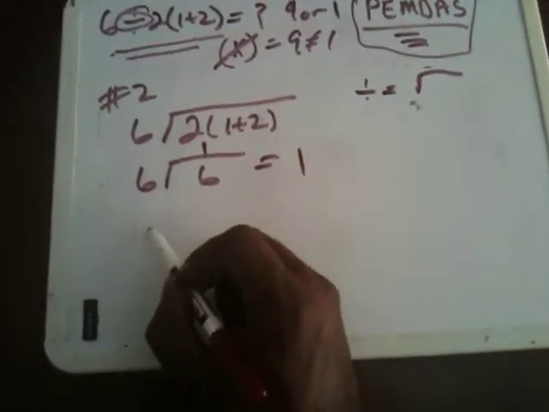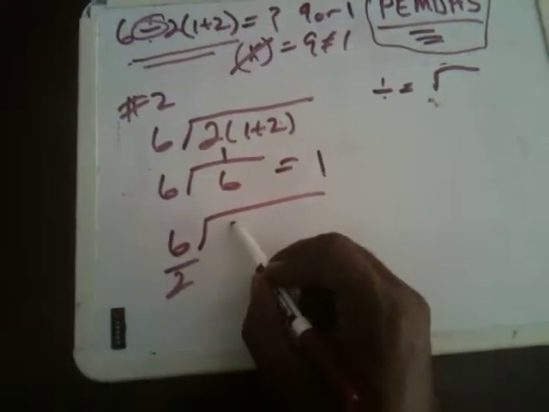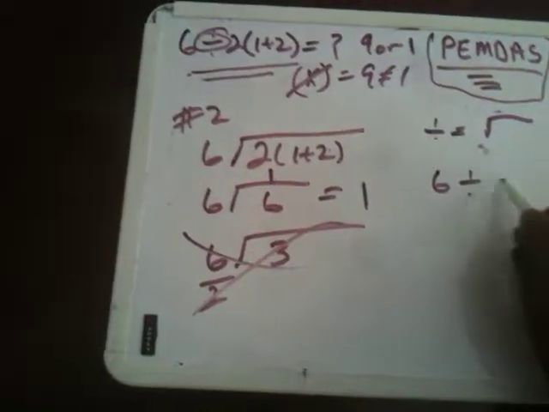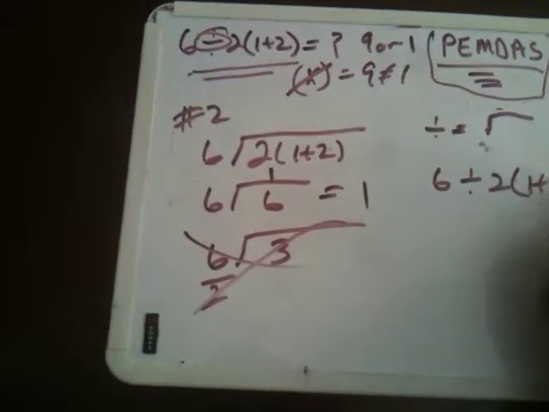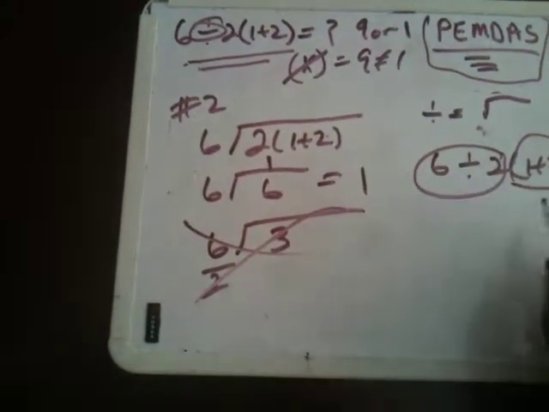So now it makes sense because we're not going to say 6 and then all of a sudden this 2 comes out here, and then that's 3. We know that that's wrong. So it's just as wrong as in our original problem to do this before you do this.